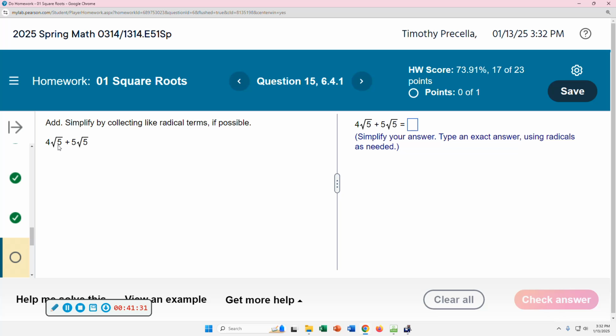Notice how there's a square root of 5 here and a square root of 5 here. To add or to subtract square roots, you've got to have the same radicand. Okay? So let me move over here. I'm going to write a little bit before we do that. And maybe you can logic your way through and get the answer before I even write anything. But here it is.